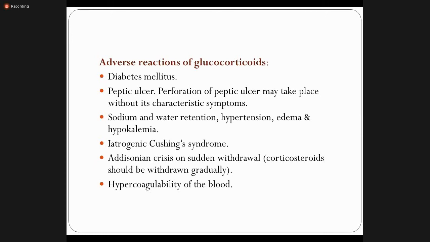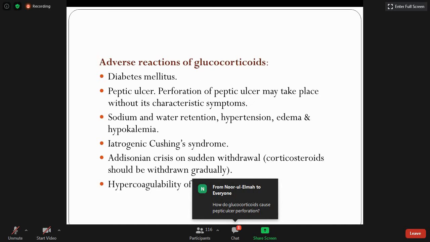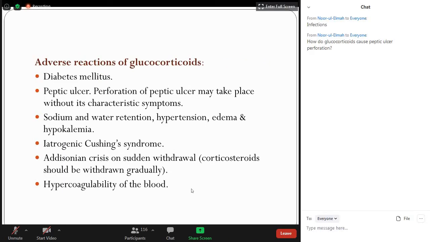So when there is excessive excretion of potassium, it will lead to a hypokalemic state. Clear? Iatrogenic Cushing syndrome. What does it mean? Iatrogenic means physician induced, or drug induced, right?